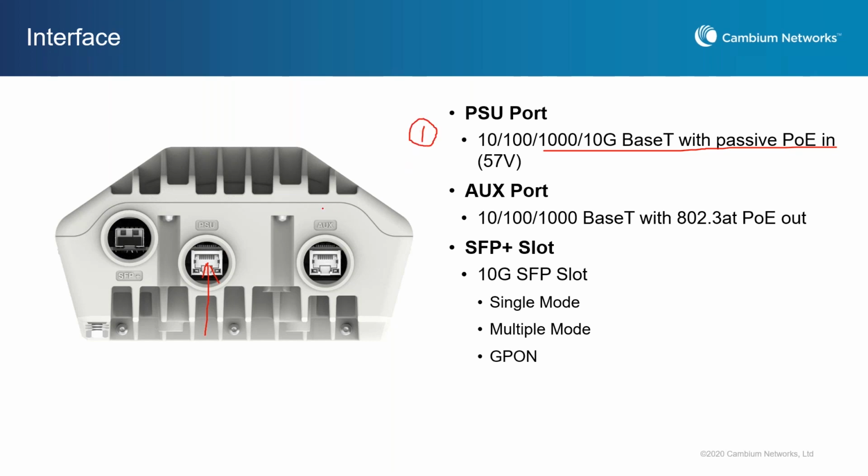Option two is using the fiber. So let's say I'm using the fiber connection here. Then, in order to power the radio, you can go with any PoE as long as it has enough power. Even a PTP 670 PoE will be okay, because your data comes from this port and you just want to power the radio.